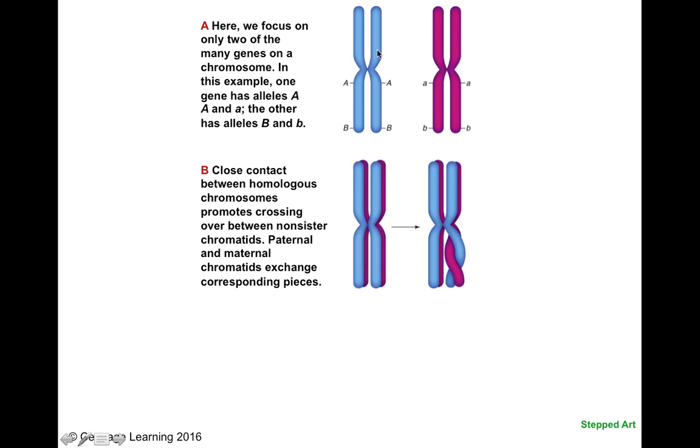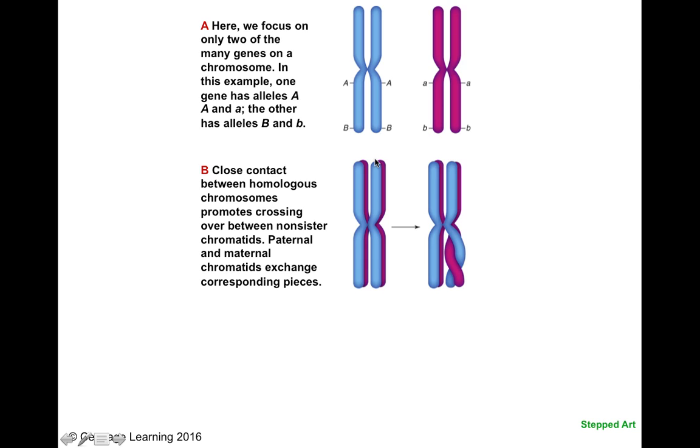So here's what this looks like. We've got one chromosome. They went ahead and marked alleles to make it easier for us. This is a chromosome from dad, a chromosome from mom. We've got a big A allele and a big B allele for the gene that they're carrying. Now mom's got a little a allele and a little b allele for the gene that she's carrying.